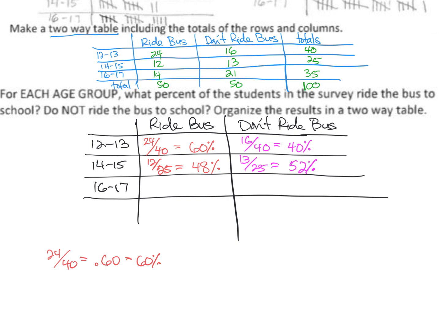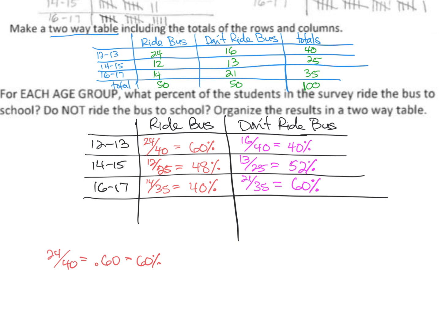And then we have 16 to 17 years, that's 14 divided by 35. Divide that out, we get 0.4. So that is 40%. And then we're going to do 21 divided by 35. And if we do that, we get 0.6, so that should be 60%.